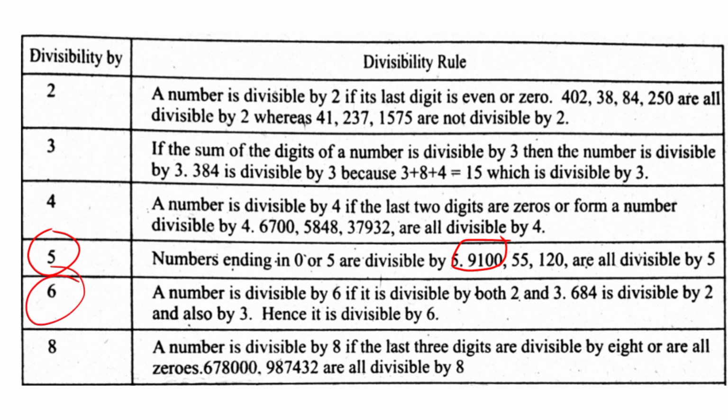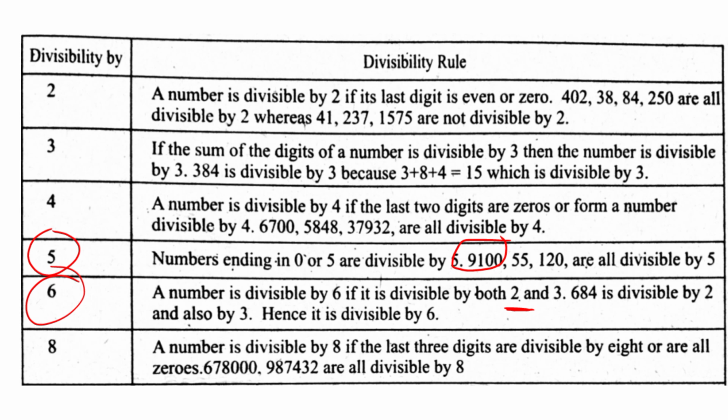Then next is divisibility by 6. A number is said to be divisible by 6 if it is divisible by both 2 and 3. So we have to remember the divisibility rules for 2 and 3. For 2, the last digit of the number should be 0 or an even number.